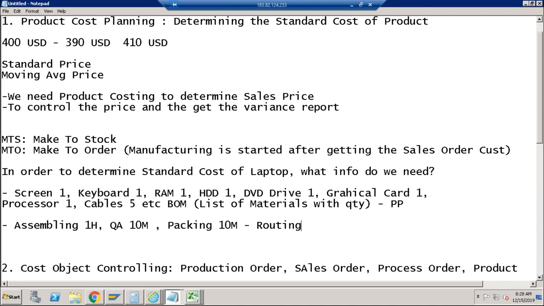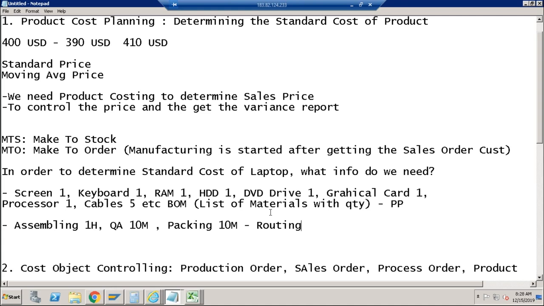Okay, so now we have the information that if you want to manufacture this laptop, this is the raw material that we need, and these are the activities that we need. Looking at this information, will I be able to determine the cost of the product? Is this information enough for me to determine the cost of the product?